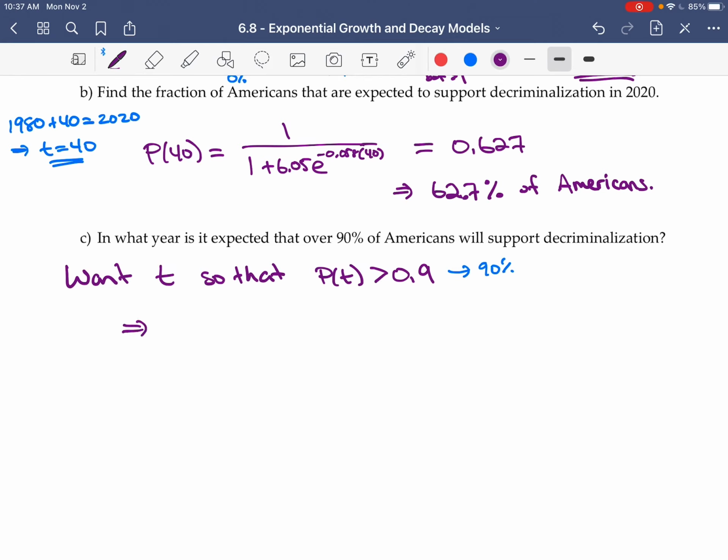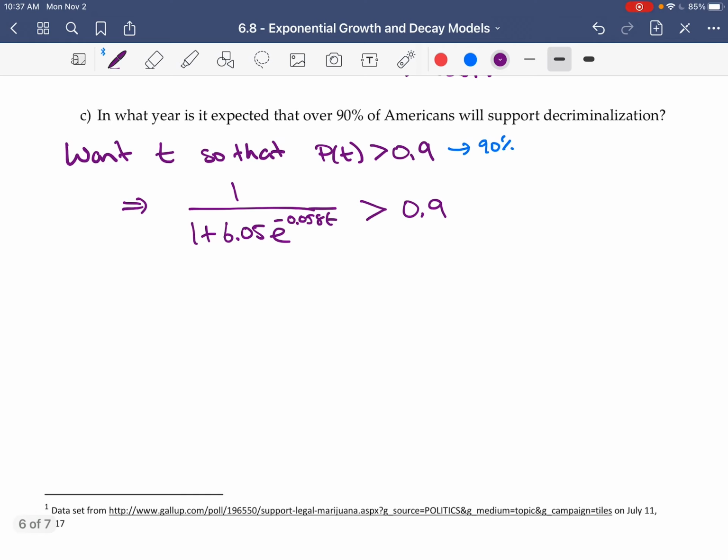Okay, so that means we want to solve 1 over 1 plus 6.05 e to the negative 0.058 t is bigger than 0.9. So I'm going to multiply both sides by the bottom. Remember, I know the bottom is positive, so I can do that.